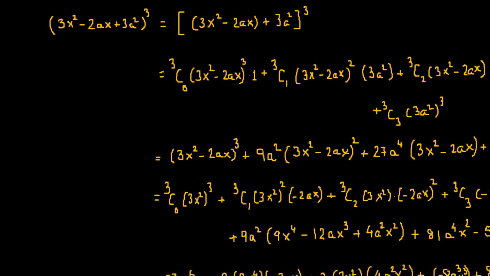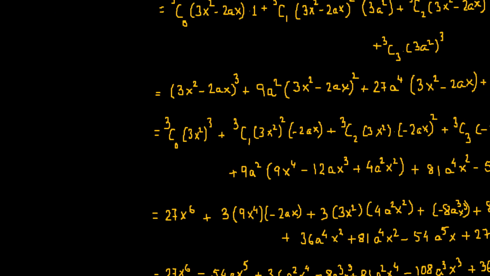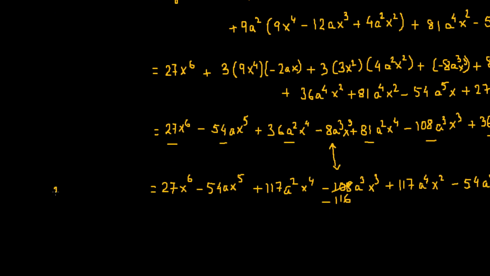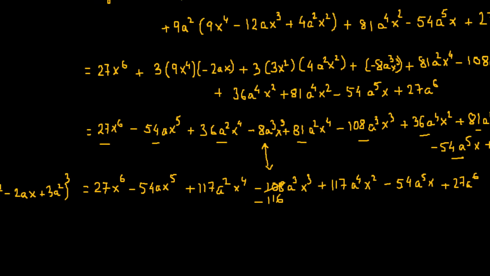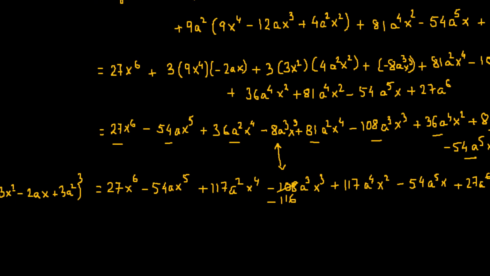This is the one. Thrice x squared minus 2ax plus thrice a squared, whole raised to the power of 3. So this is the binomial expansion.